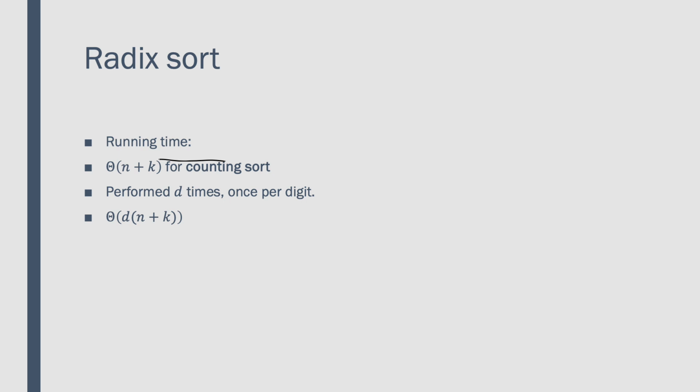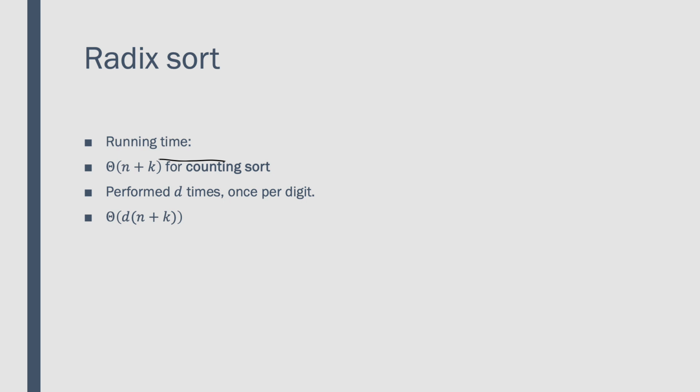So here we'll see the time complexity. The running time of the core algorithm relies on a stable sorting algorithm like counting sort to process each digit. The running time of counting sort is big O of n plus k, where n is the number of elements to sort and k is the range of possible digit values.